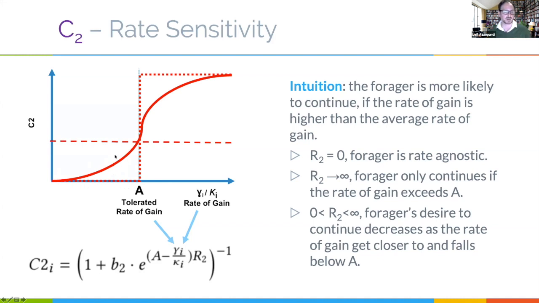And if you're exceeding that rate of gain, then you're much more likely to continue. So now what it allows us to do is to vary this R depending on how uber rational people are, or whether they are completely agnostic to the rate of gain or the amount of gain that they would like.